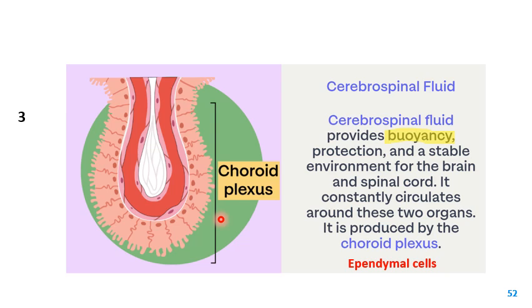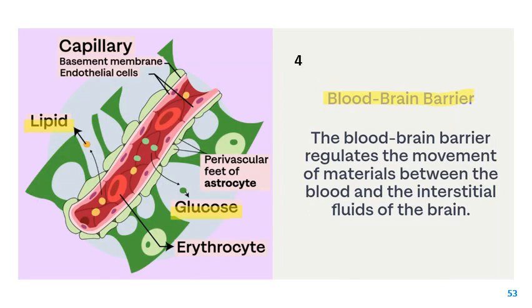Again, what is it that is going to make your spinal fluid? It's going to be a bunch of capillaries, and those are your choroid plexus, as well as your ependymal cells. And here is your fourth level of protection, that is the blood-brain barrier, right?